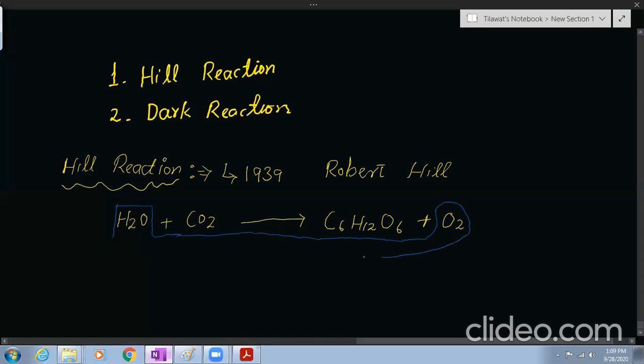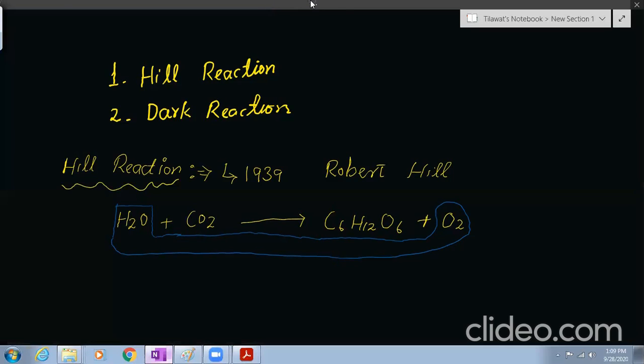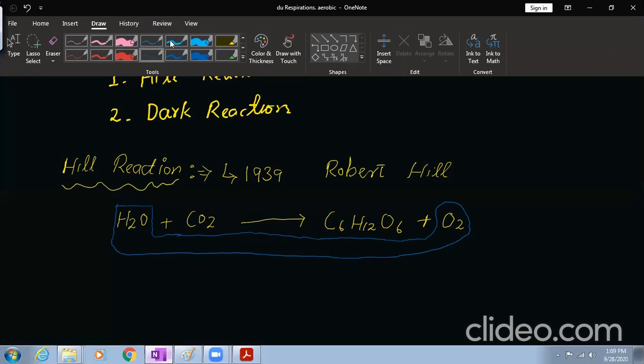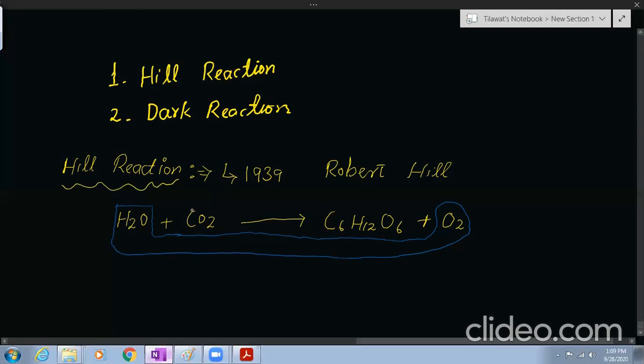In another step, carbon dioxide is converted into glucose. Am I clear? So Robert Hill proved that these two steps are independent steps of photosynthesis.